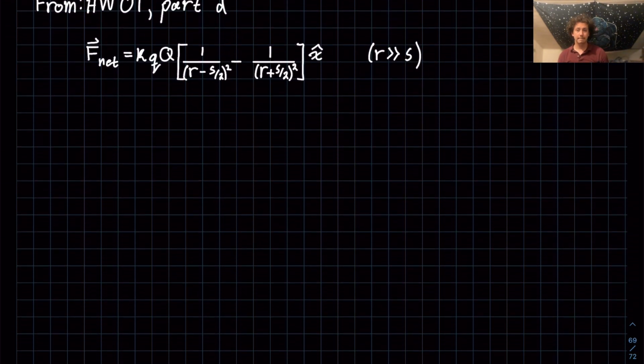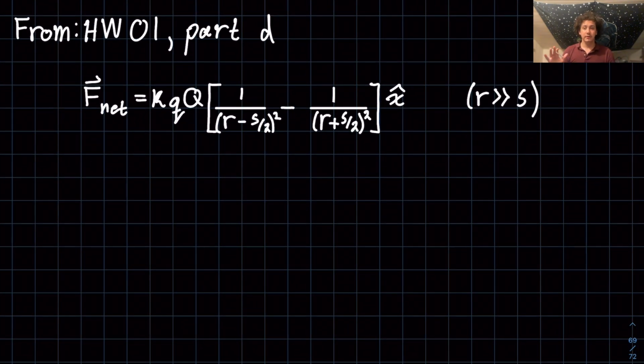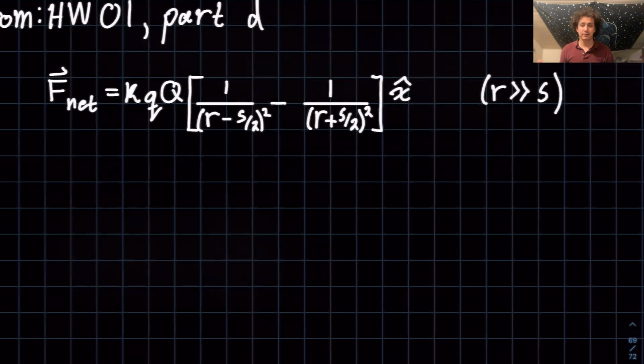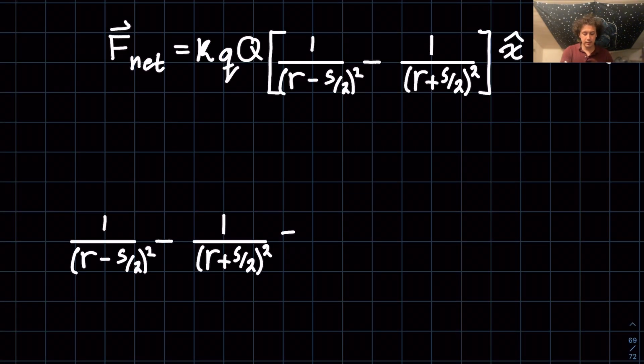On homework 1, part D, we have this expression for the force of this dipole, specifically bisecting, right? But I'm just here to look at the math for this, and you guys have done the homework. So I'm just going to go ahead and do this for us. We have it rewritten out, and I'm going to put this into a form that we might like to work with better.